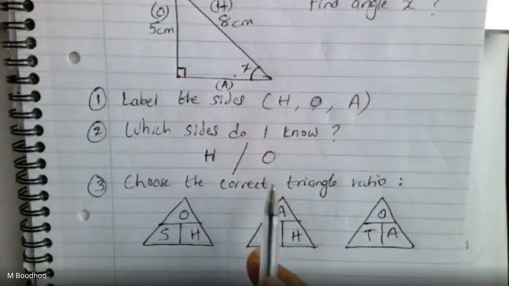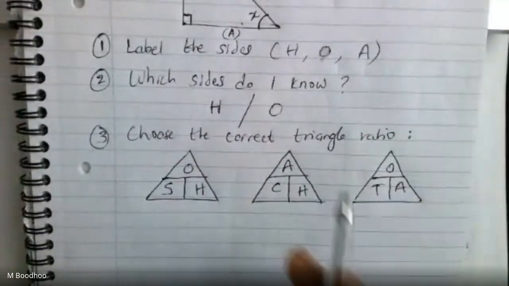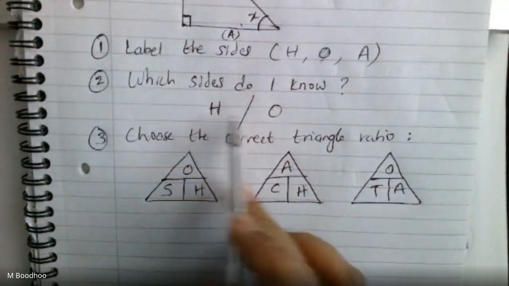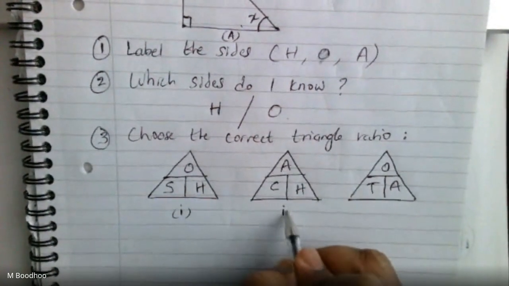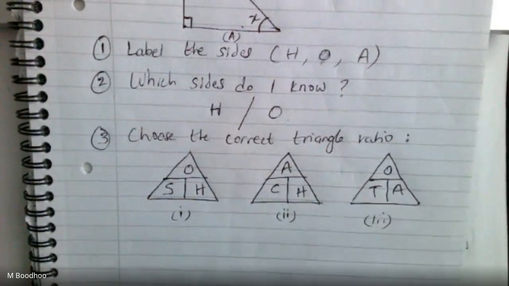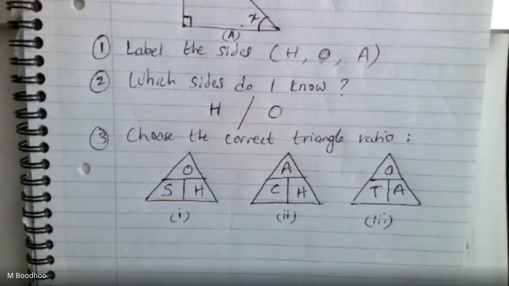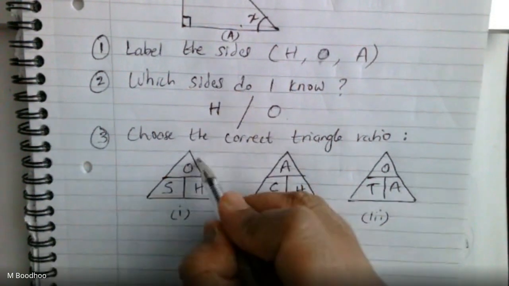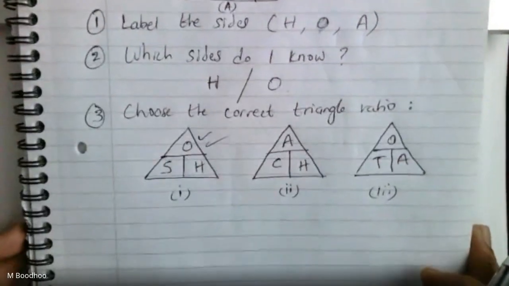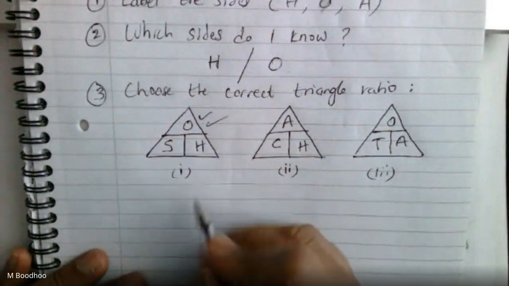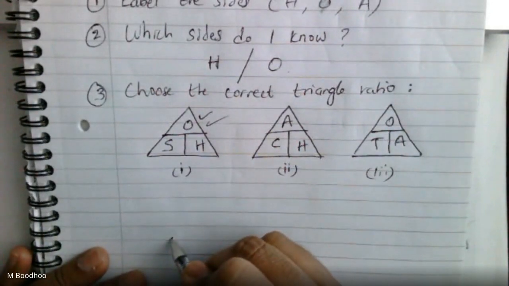Now I need to choose the triangle ratio that contains these two letters. If I name this number 1, this number 2, and this number 3, can you tell me in the chat which triangle ratio you are going to use to complete your question? So you are going to use number 1, isn't it? All right. Now that you have chosen your ratio, you are going to rewrite it this way.